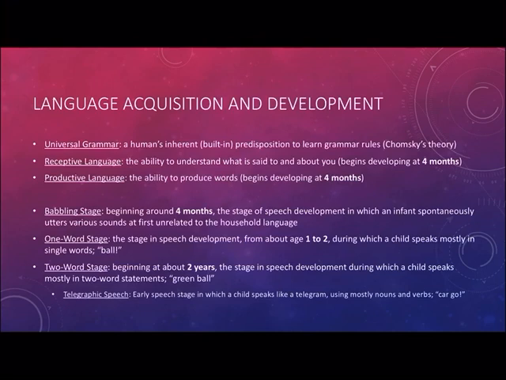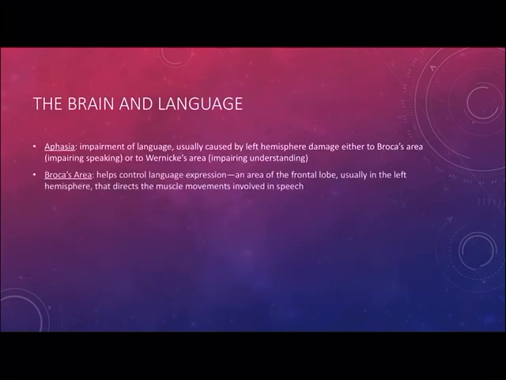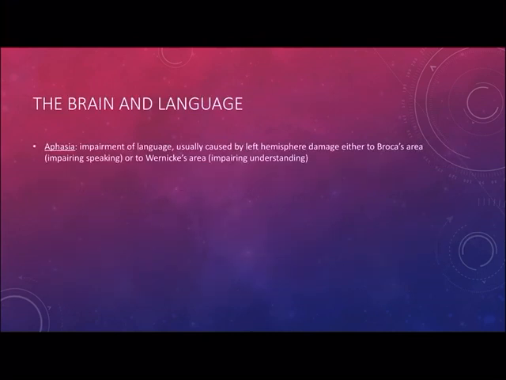Okay, this slide is super duper important. So we're going to talk about Broca's and Wernicke's areas. So number 1, an aphasia is just some kind of brain damage that has caused you to struggle with language, whether that's speaking or understanding language. But aphasia is some type of brain damage that affects your ability to use language.